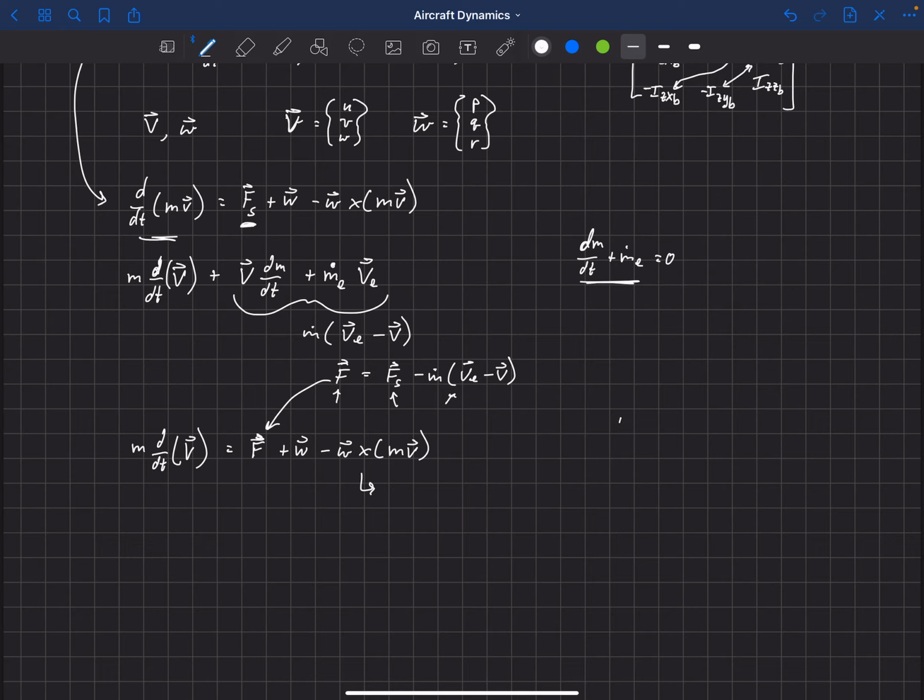So we're going to write omega cross mV, and we can do the cross product there, where instead of capital V, we're going to use our U, V, W, and instead of omega, we're going to use P, Q, R. So we can just do the cross product of that, and what we'll get is m times (QW minus RV), and then (RU minus PW), and (PV minus QU). Okay, so that's the cross product there.